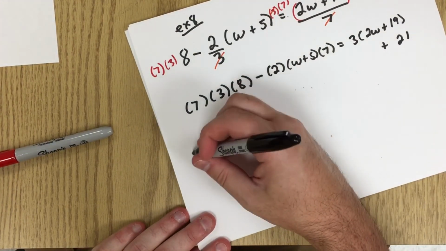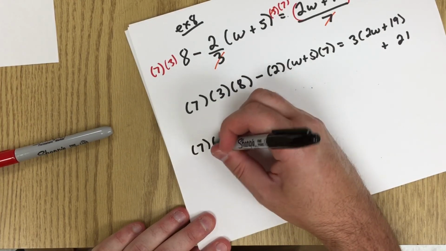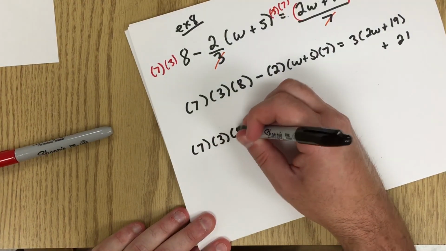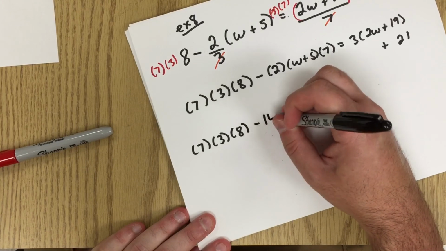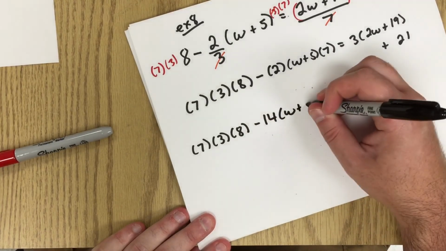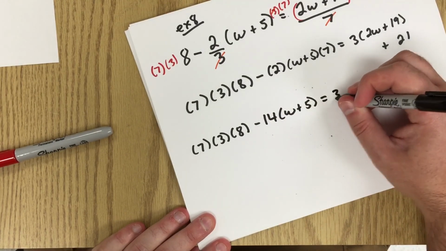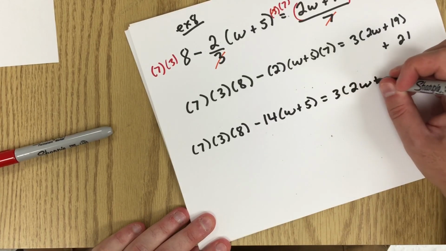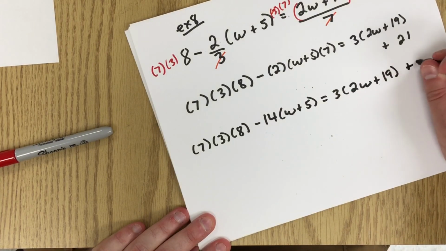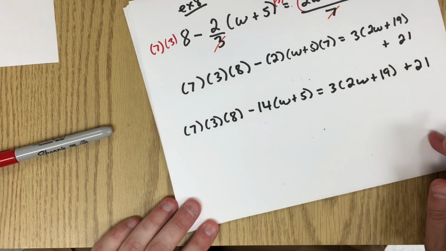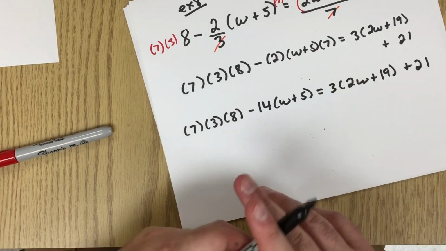So it's going to be 7 times 3 times 8 minus 14 w plus 5 equals 3 times 2w plus 19 plus 21. And we'll see if you can finish it off from there. And that's the end of the video.